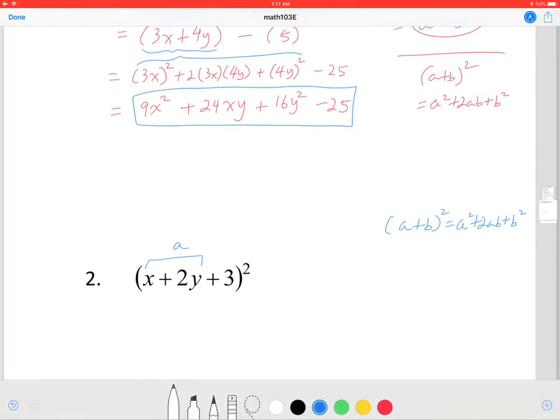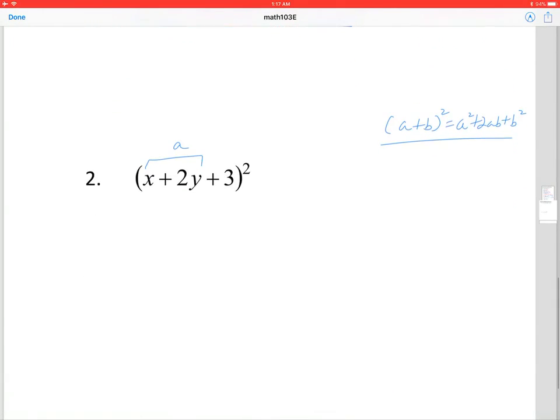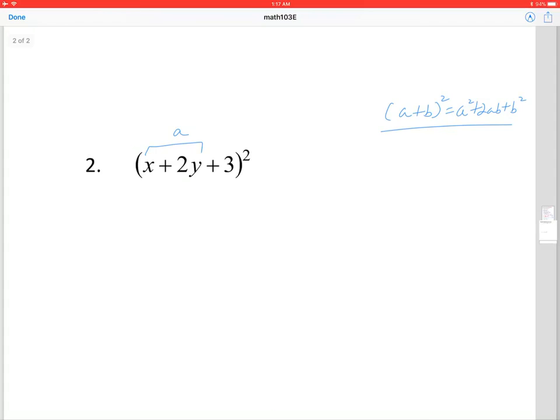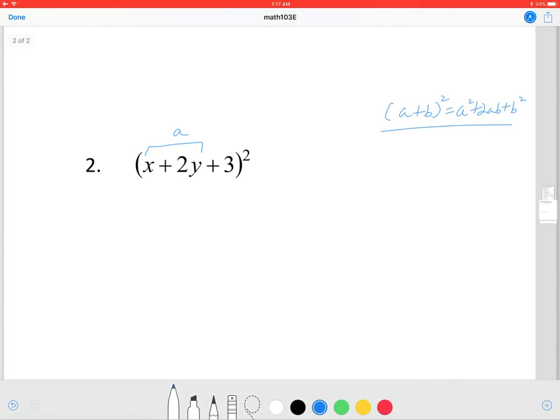A is x plus 2y, and 3 is our B of this formula right here. So I'm going to rewrite this problem this way. x plus 2y in brackets, that represents the A, and the 3. It doesn't change anything.